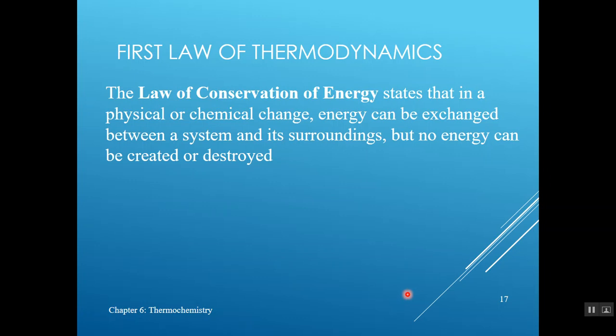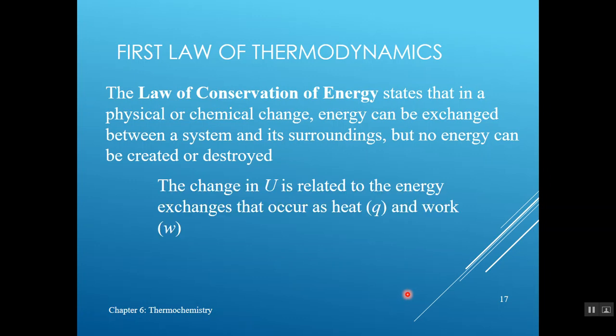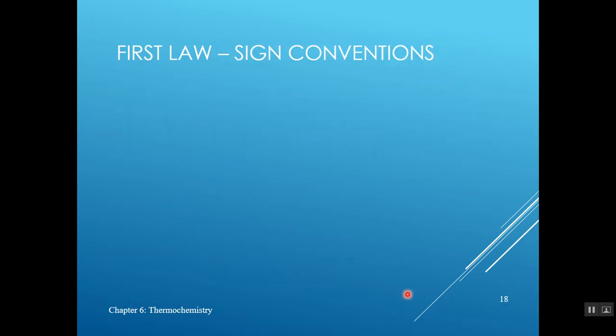That law is also known as the law of conservation of energy, and it can be expressed in terms of a relationship between the change in internal energy, the heat change that takes place, and the work that is taking place as well. So the first law can be expressed mathematically as delta U, the change in internal energy, which is equal to Q plus W. Q is the amount of heat change and W is the amount of work.